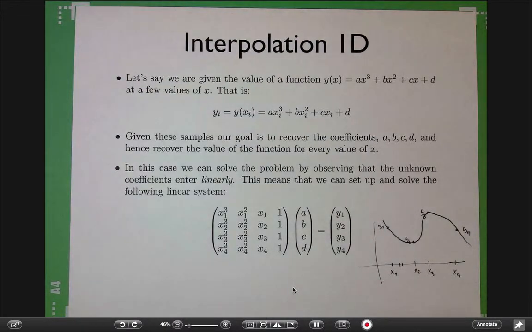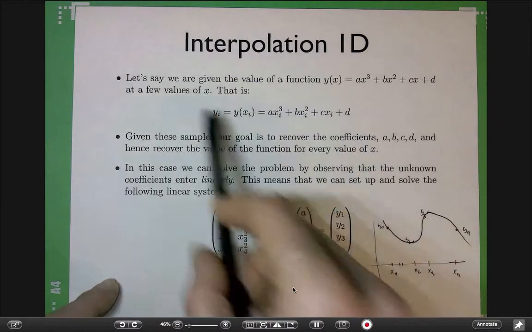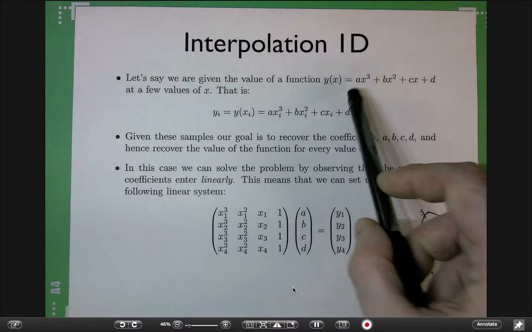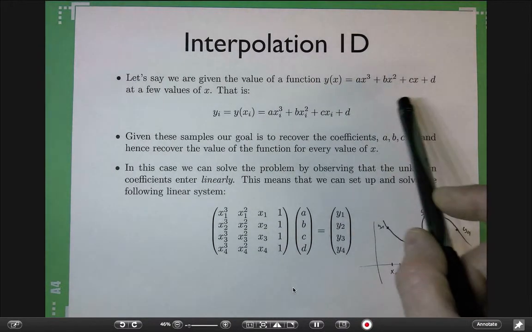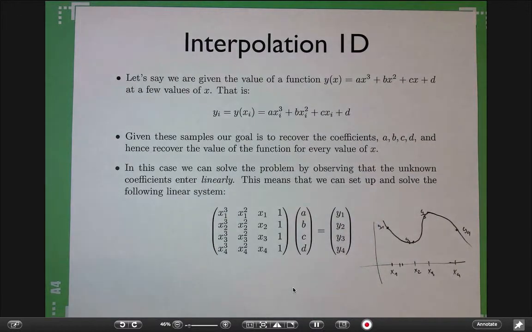So interpolating means that if I plug here the xi, x1, x2, and so on, I get back the yi, right? And even though it doesn't look like a linear problem to begin with, because you have this x to the power of 3, x to the power of 2, it actually is a linear problem. It's because the x's and the y's are known. I tell them to you, or you measure them somewhere.